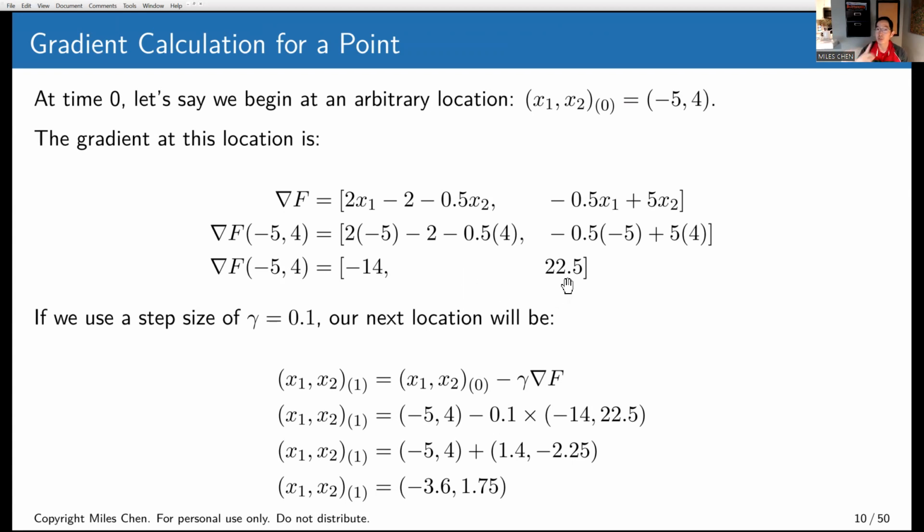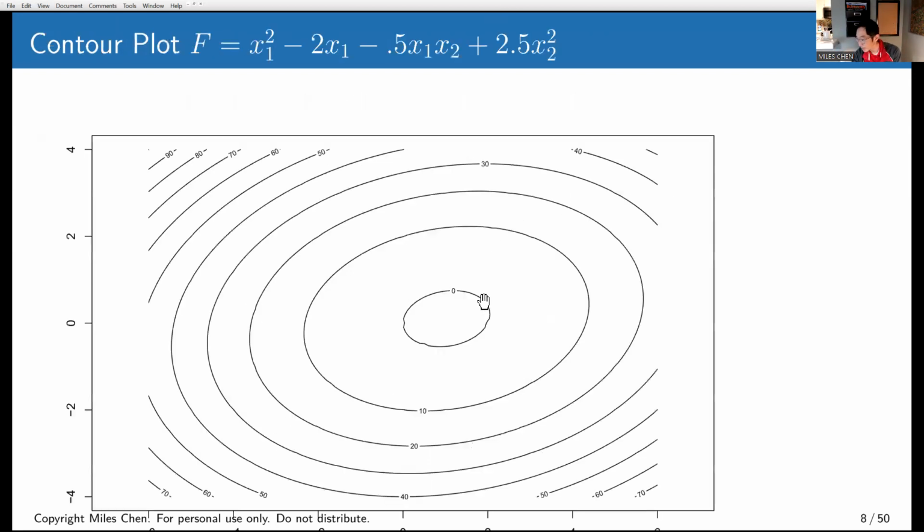This is the direction of steepest ascent. And so what I want to do now is move in the opposite direction, so I'm going to subtract off the gradient. This is a vector: if I'm at this location, -5, 4, -14 in the x1 direction points to the left and 22.5 points up.